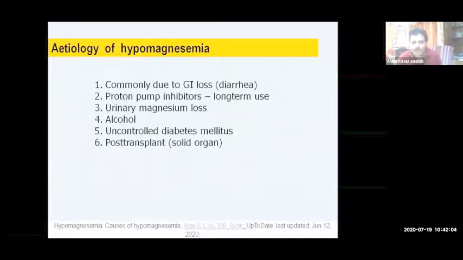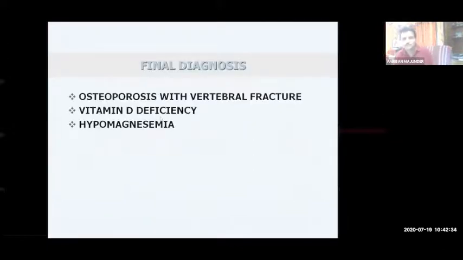And if you can recall, this patient was receiving omeprazole for the last 5 or 10 years, and that possibly is the cause of magnesium deficiency in this particular patient, because this patient has no history of diarrhea, no history of alcohol use, uncontrolled diabetes, transplant, and renal disease. Renal disease or chronic renal disease is often associated with urinary loss of magnesium.